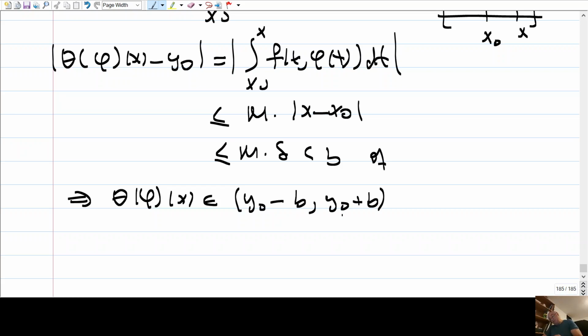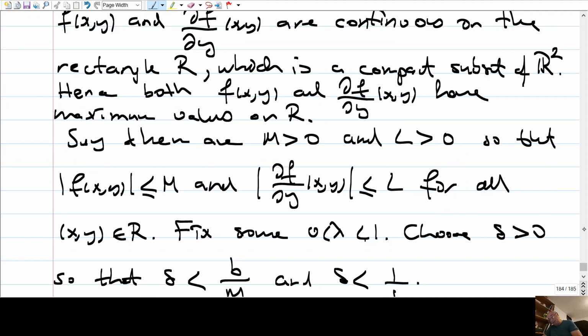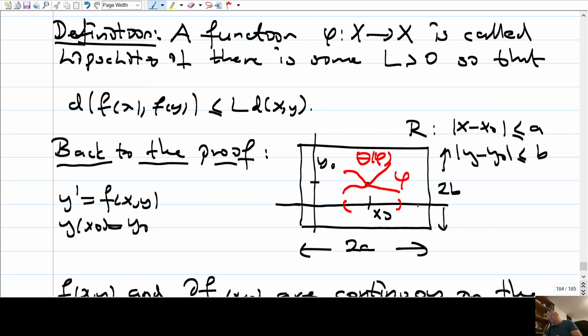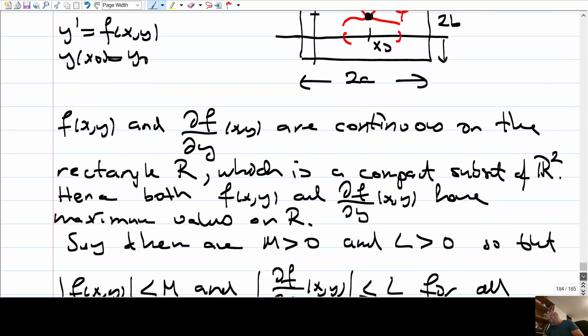Therefore, the values of this function stay in the rectangle, right? The rectangle we had was this. So this is the y0, and you can go at most b units up and down. So I am done.